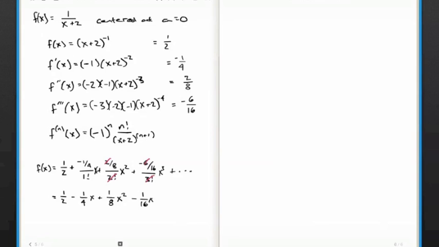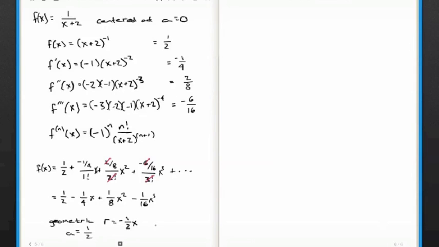Right, so I can see that this is geometric, right? 1/2, negative 1/4. And my r equals negative 1/2 x. My first term is 1/2.